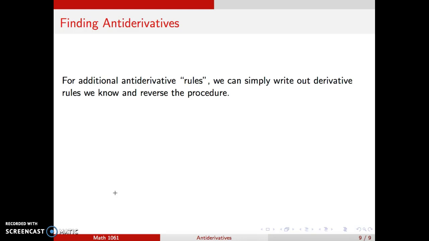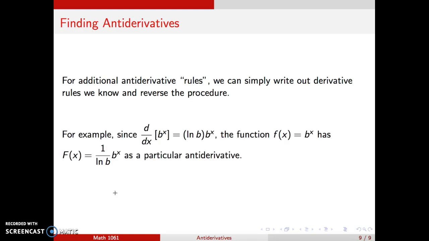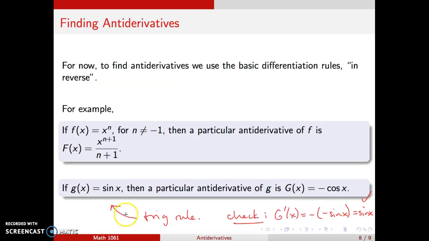And there are plenty more. I didn't list all of them here, but for additional rules, at least at this point, we can write out derivative rules we know and reverse the process. For example, this would just be another case like the two we looked at. We know one of our differentiation rules. This is just explaining the process for how we came up with something like this or this.